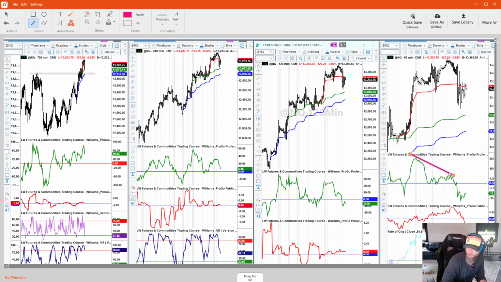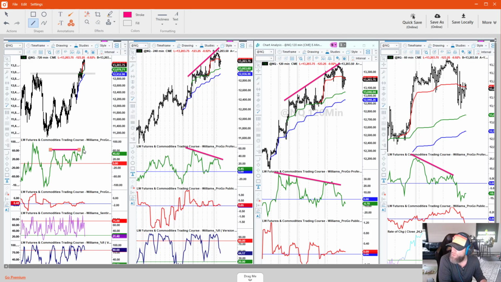So this is actually 2 sessions, and I was skeptical about being a buyer up here, and not for any other reason other than we saw a couple of different divergences across a couple of different time frames. So 1 hour, 2 hour, 4 hour divergences.